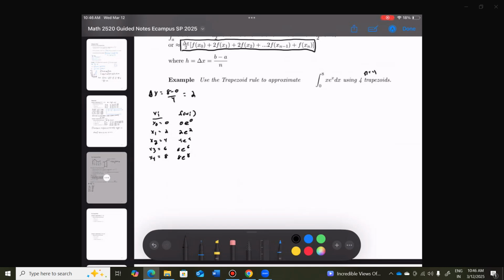Right, so now let's approximate this. Integral from 0 to 8 of x e to the x is approximately delta x, which is 2 over 2.